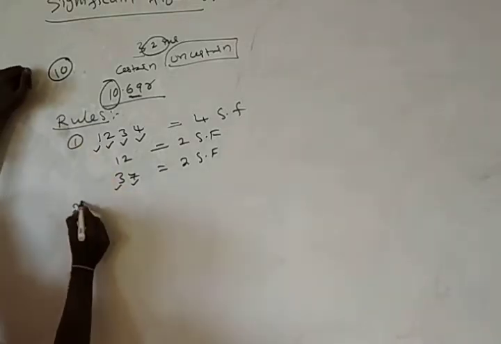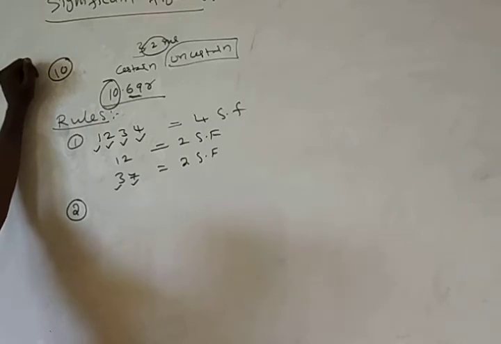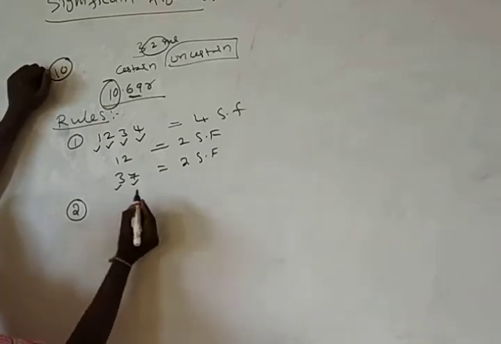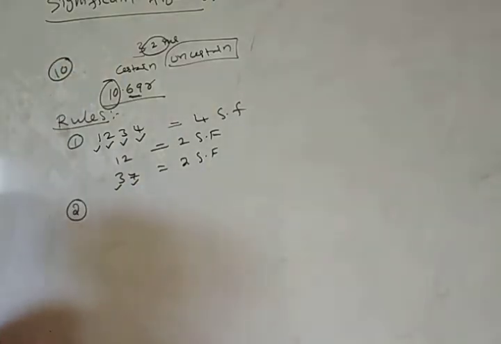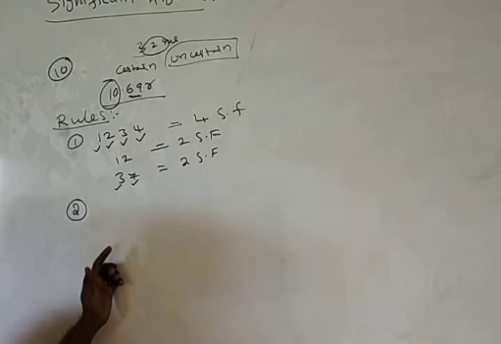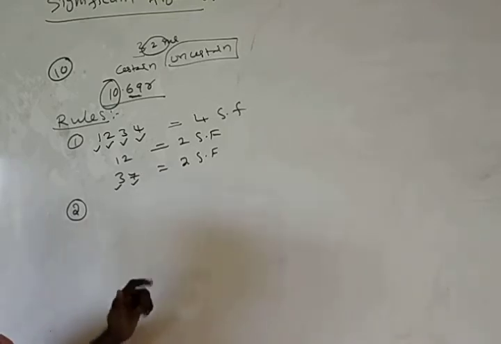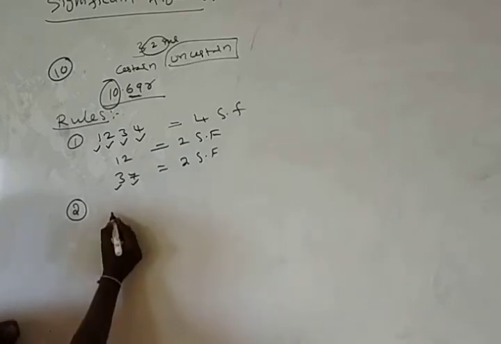Next, the second rule for identifying significant figures. If zeros are present on the right side of the decimal, before the non-zero digits, those zeros are considered non-significant. What is the second rule?